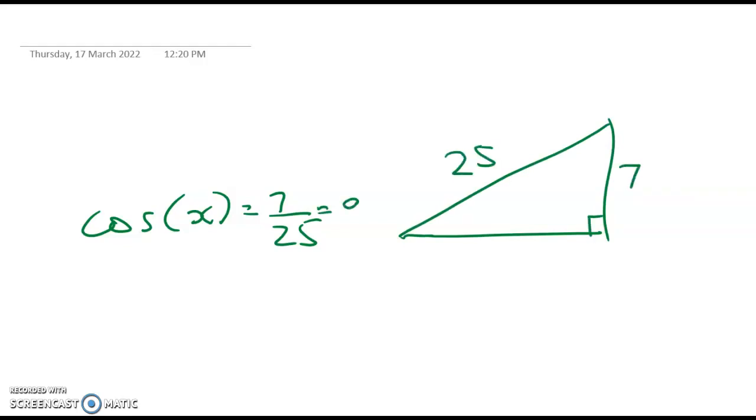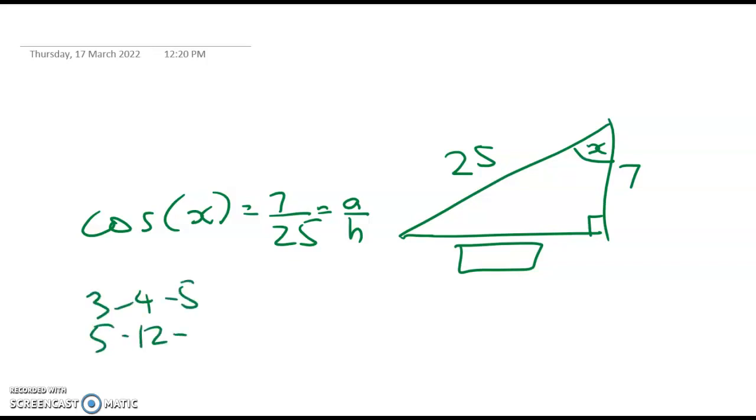So that's just using year 10 trig. The angle is going to be this one here. So this is x is the angle, and we can figure out what this is. And you can probably see where this is going already. This is a Pythagorean triple that you might know or you might not. So we know the 3, 4, 5 triangle, and we know the 5, 12, 13 triangle.